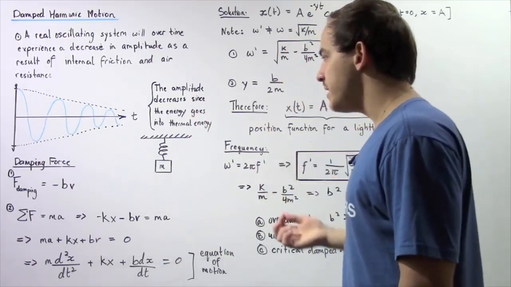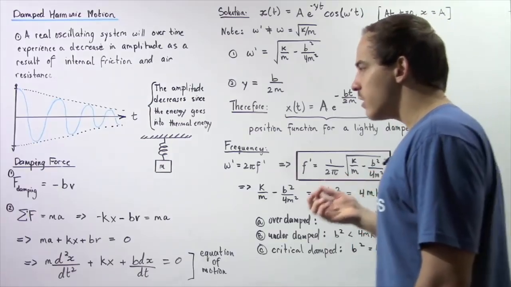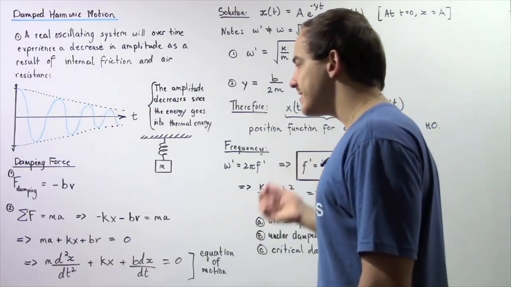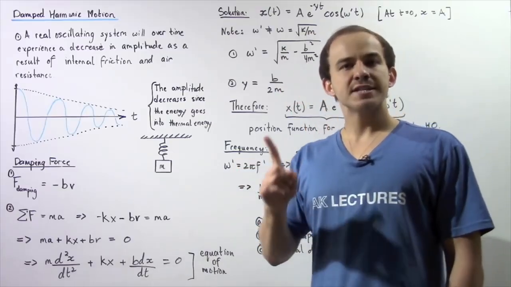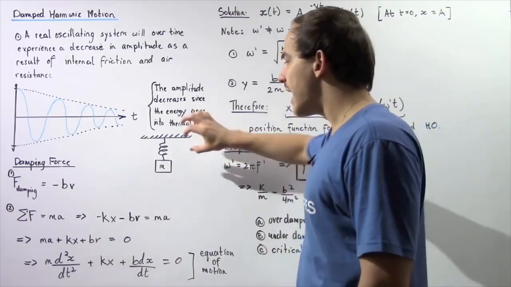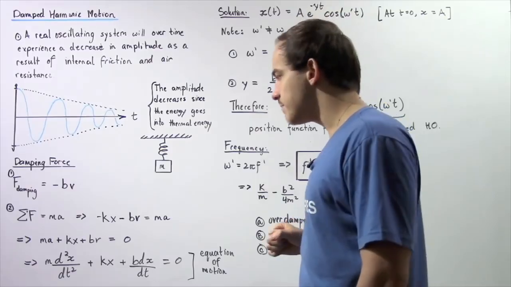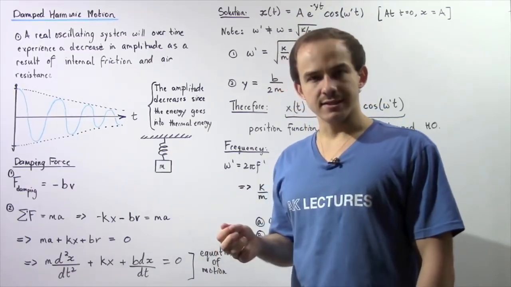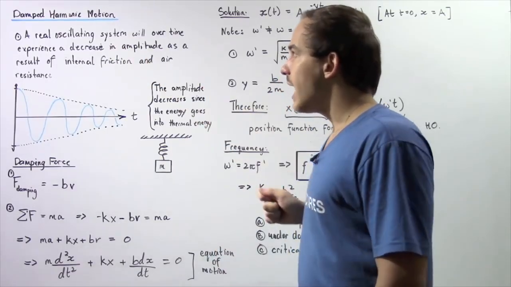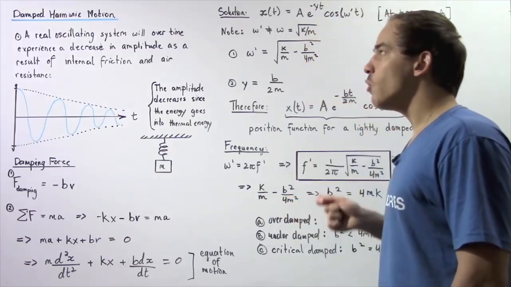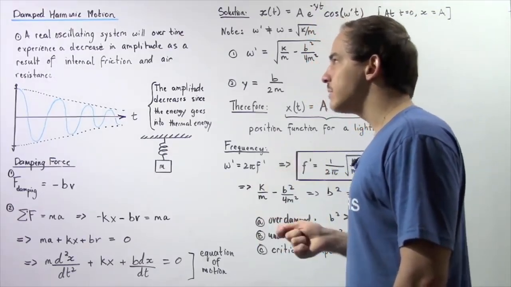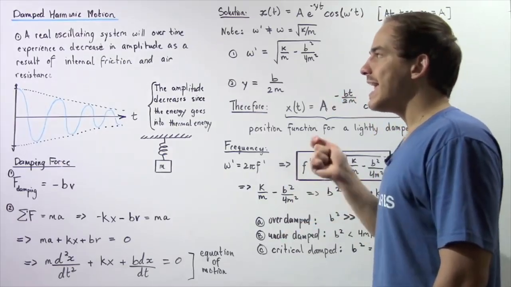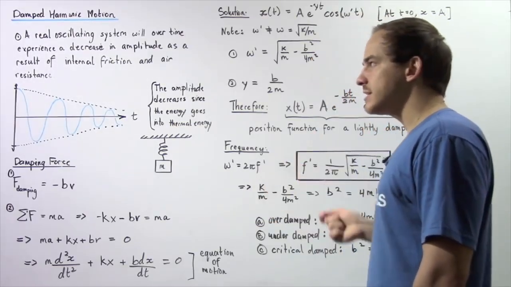So that simply means the amplitude of our oscillation in simple harmonic motion remains constant. And that's because the total energy of our system remains constant. Now, a real oscillating system will over time experience a decrease in amplitude as a result of internal friction and air resistance.